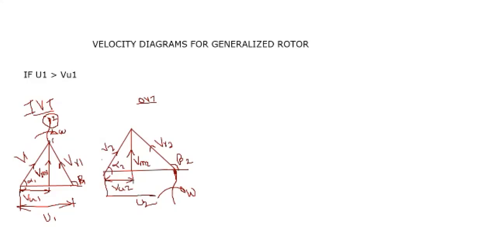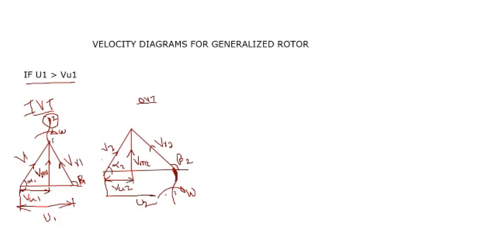Okay, here it is the cover. If you extend it up to that point, it will be the VU2, and this is VR2, like this. The blade shape is like this. Okay, so if U1 is greater than VU1, then these are the velocity triangles.